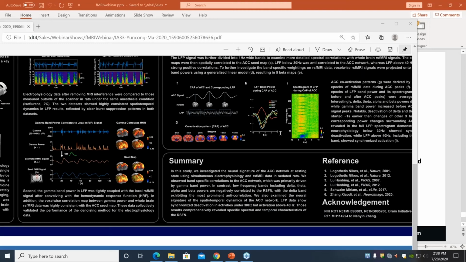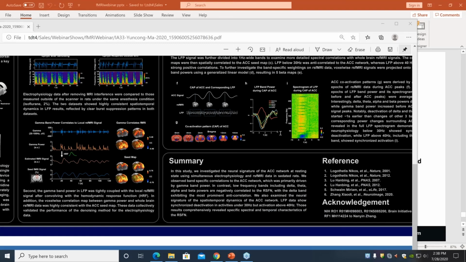We could use those time points to align the FP signal and average those epochs to get the changes of the time course in different band powers, shown in Figure H. It shows that the gamma band increases and the other 4 bands decrease along with the activation in the fMRI signal. And we could also get a full spectrogram aligned with the CAP patterns in Figure I that shows those detailed neural activity.